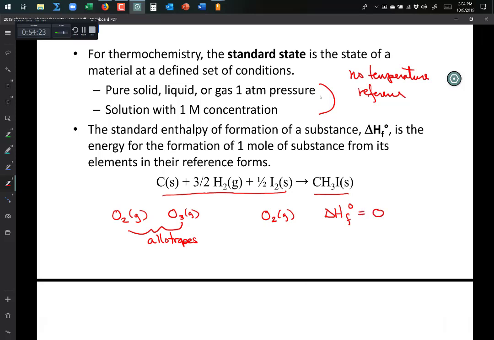They arbitrarily took the universe and reset its bank account to 0 and said all the elements in the reference forms have $0 in them, 0 energy in them. And then they do all the calculations based on that idea. Now, do they really have 0 energy? No, nothing really has 0 energy, but we do it as a bookkeeping method.